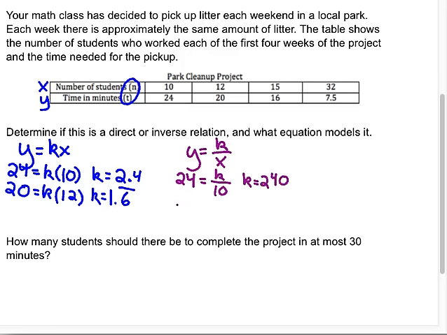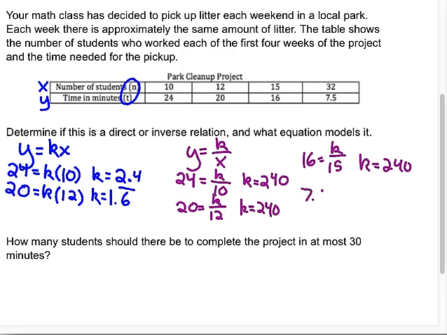Let's try the next one, 20 and 12. Multiply the 12 over, you get a k of 240. How about the 16 with the 15? Multiply the 15 over. Once again, you get k of 240.